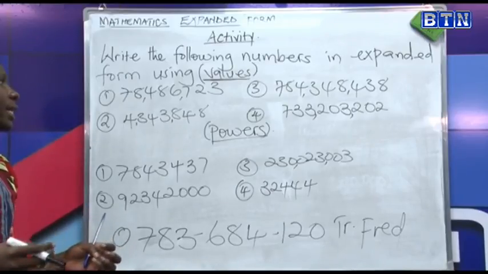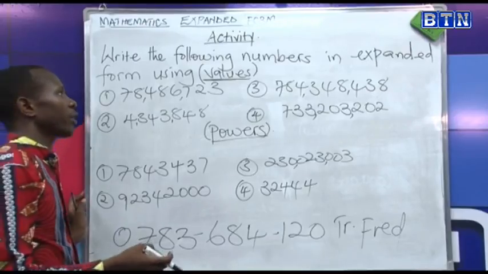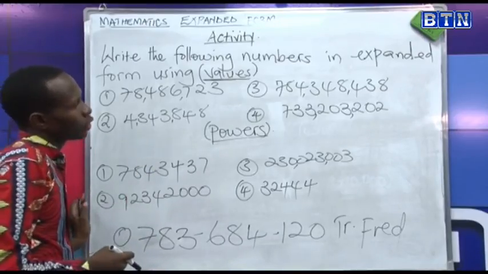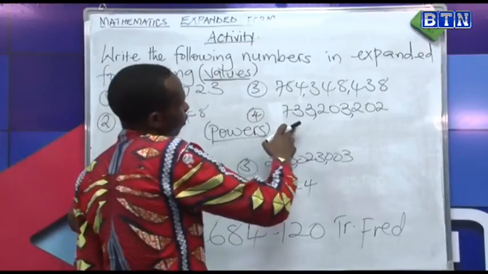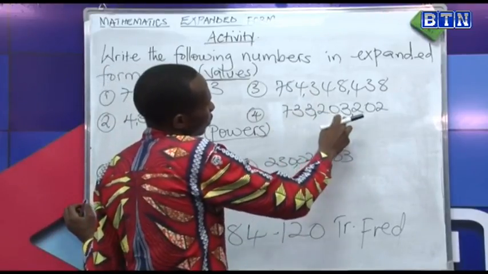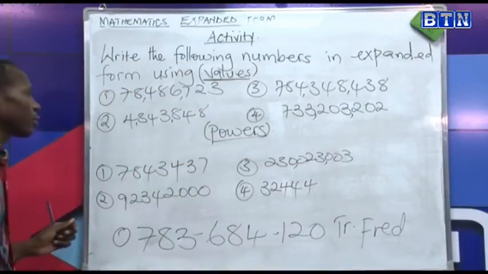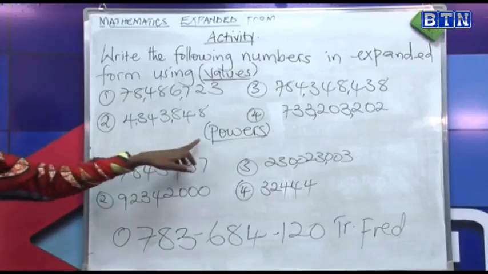They want you to write that in expanded form using values. They want you to write in expanded form 733,203,202 using values.